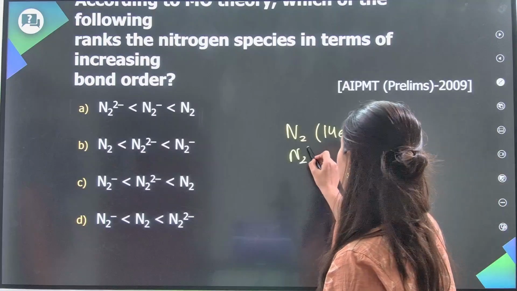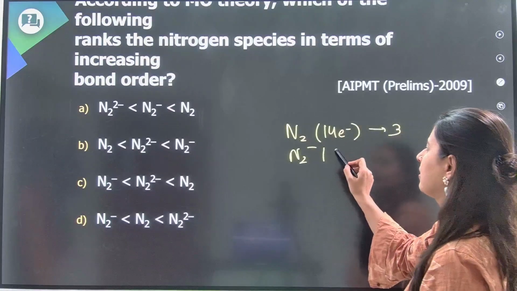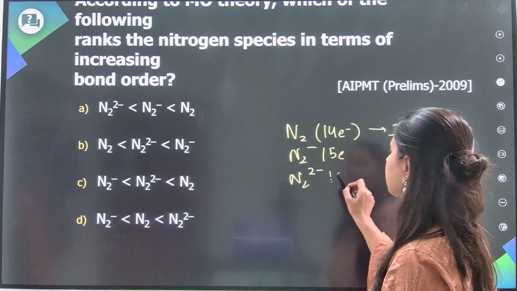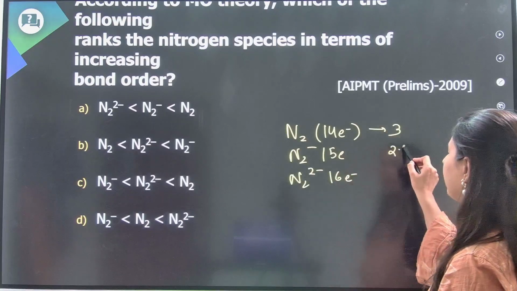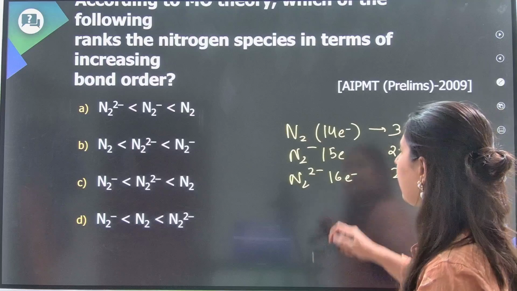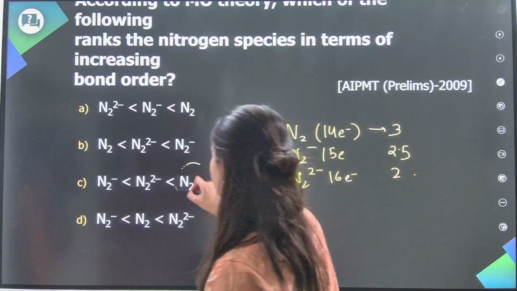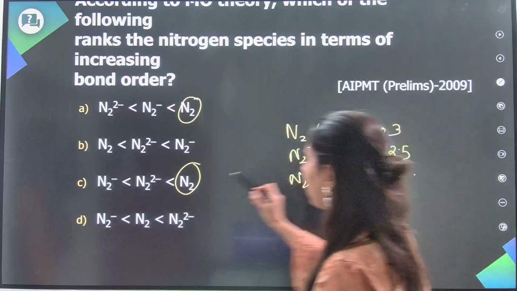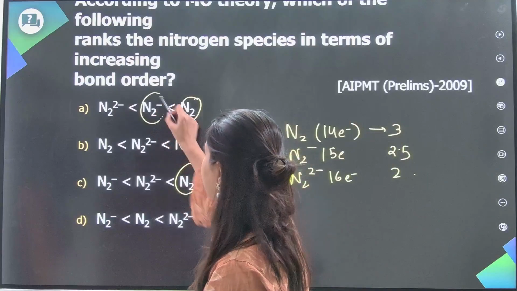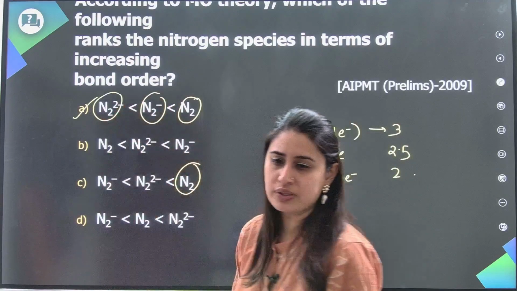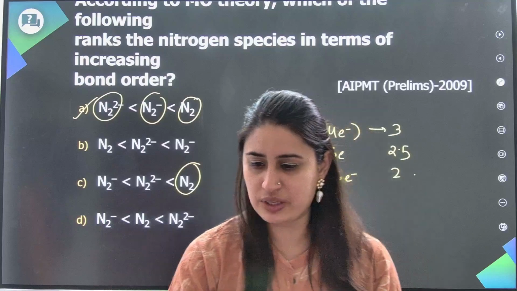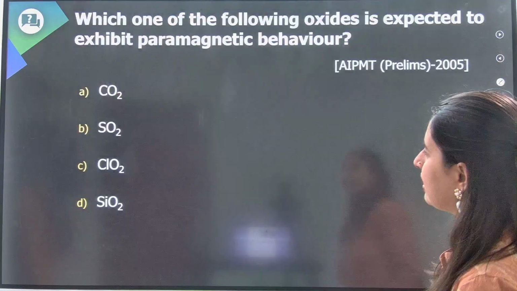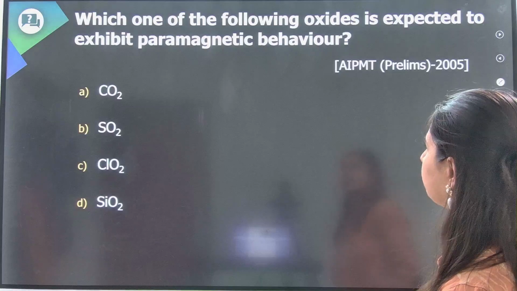N2 minus is a 15 electron system, N2 2 minus is a 16 electron system, so 2.5 and 2. Clearly N2 should have the maximum. Answer can be either A or C. Then we have N2 minus, and then we have N2 2 minus. We can do such questions very simply. You can observe A becomes the answer. Great.